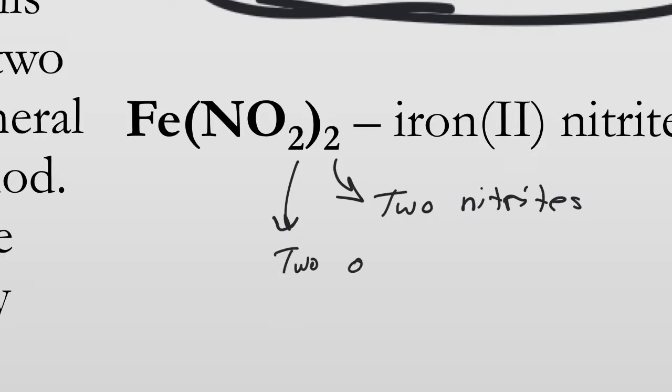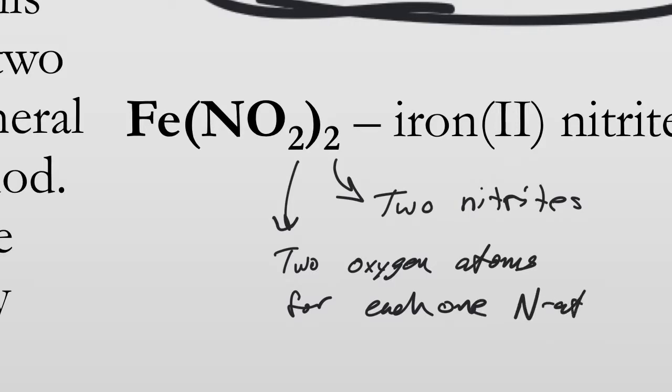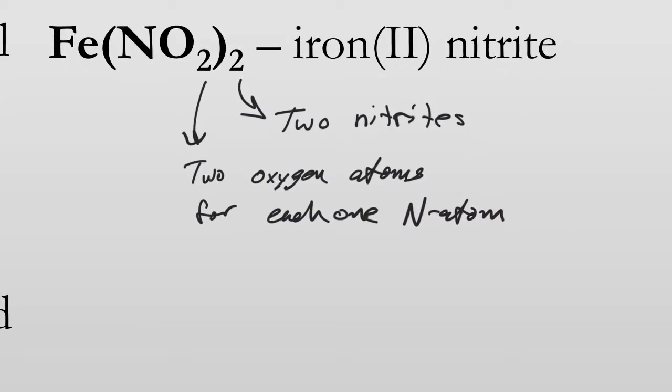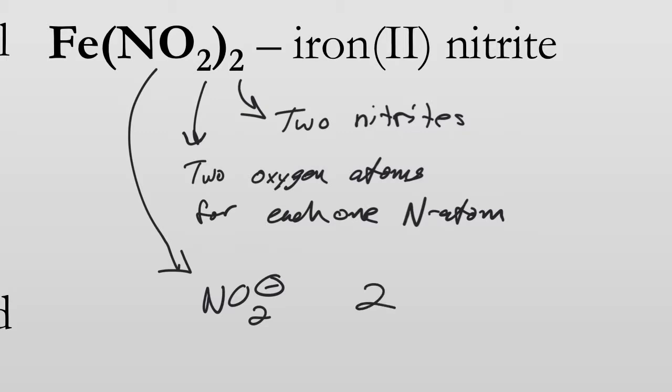This would indicate 2 oxygen atoms for each 1 nitrogen atom. Okay. In total, there's going to be 4 oxygen atoms in this ionic compound now. So we've got Fe(NO2)2, which is called iron 2 nitrite. If you look in table 6.8, you can find an NO2. It's an NO2 minus. Since we have 2 -1s, we have a net charge of -2 from the nitrites.